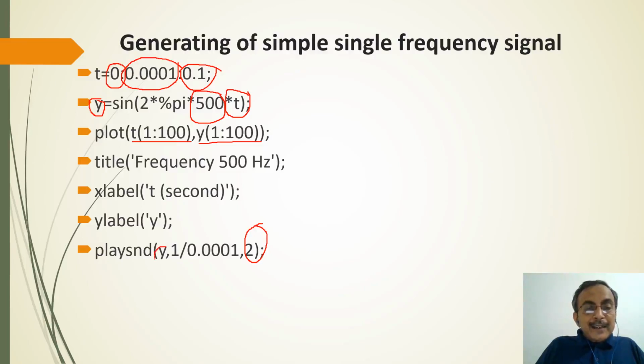This y is the sound that we want to play, and this indicates the increment that we are having, or 1 upon this is the sampling frequency that we have for this particular sound.